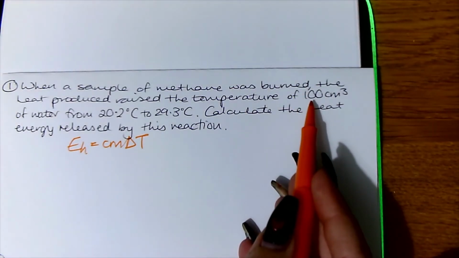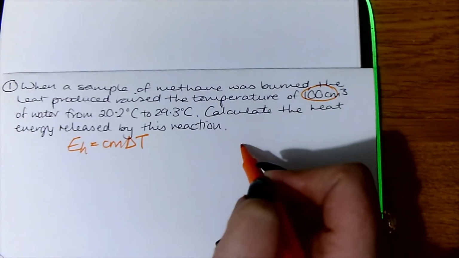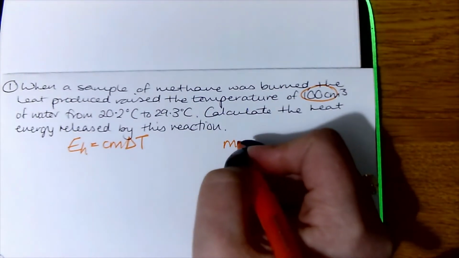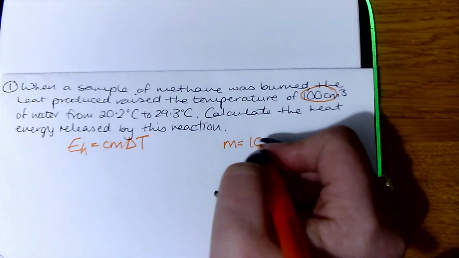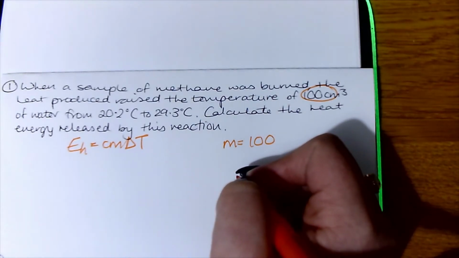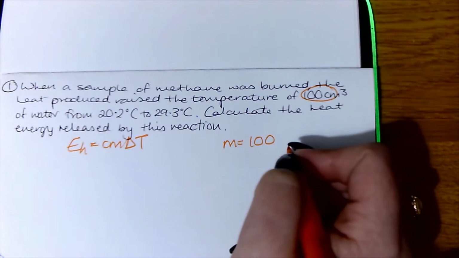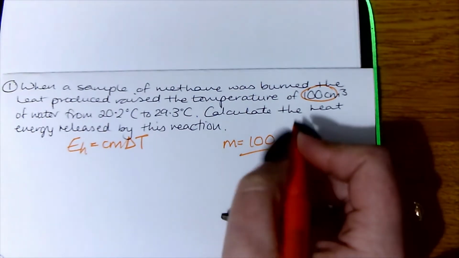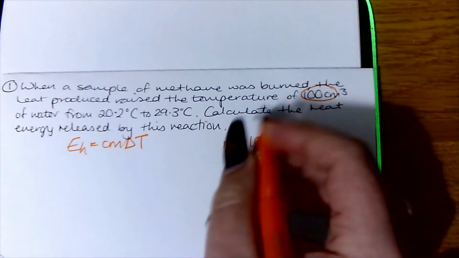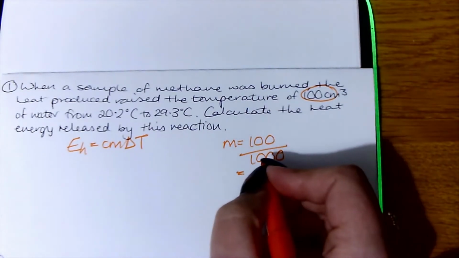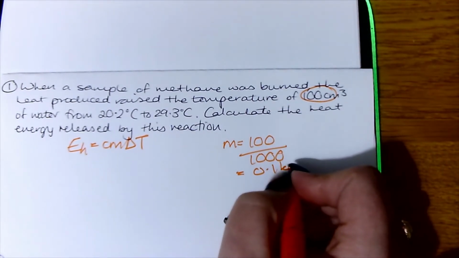The first piece of information we are given is 100 centimetres cubed, so our mass of water. As previously stated, the volume is related directly to the mass, so we have to divide by 1,000 to get the mass in kilograms. So our value here is 0.1 kilograms of water.